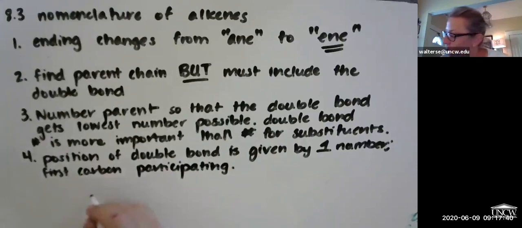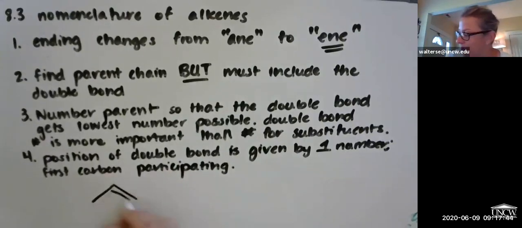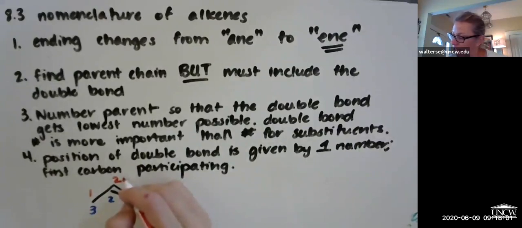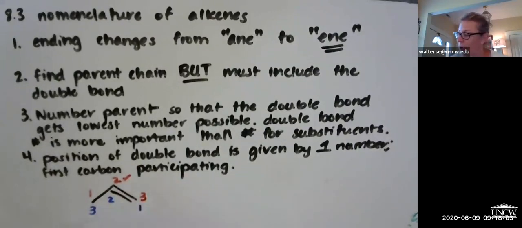Okay. So let's say we are going to look at this compound. If we number from left to right and right to left, the pi bond either starts at 2 or it starts at 1.